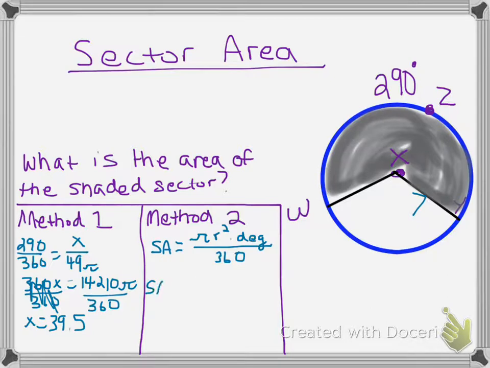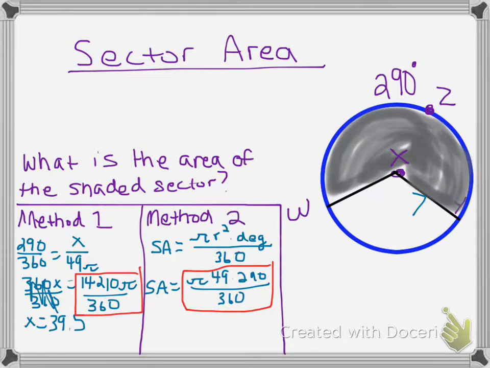So pi times 7 squared, which is 49, times 290 divided by 360. Once again, this is the same as this. When you calculate that, you get the answer of x equals 39.5 pi.